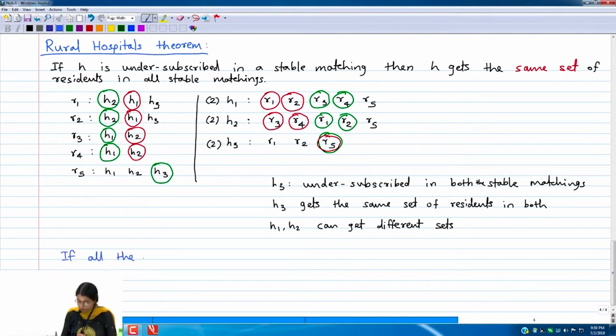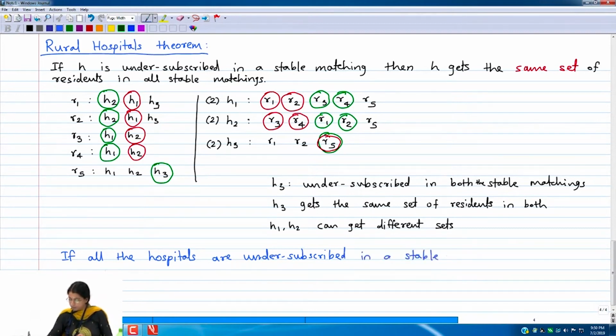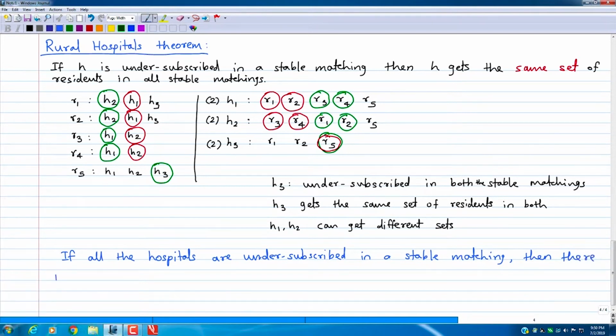If all the hospitals are undersubscribed in a stable matching, then the instance has a unique stable matching.